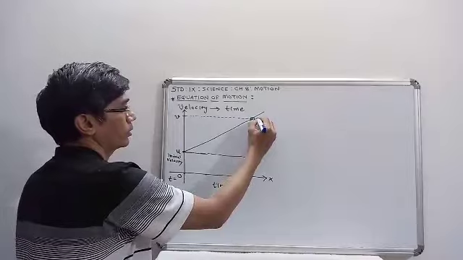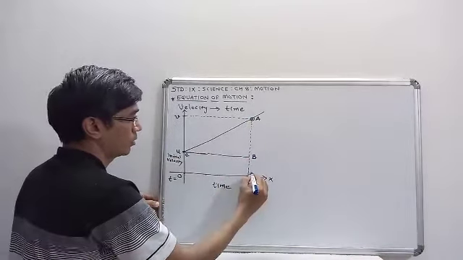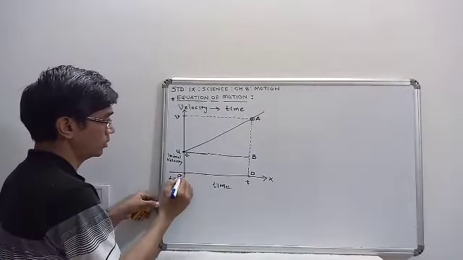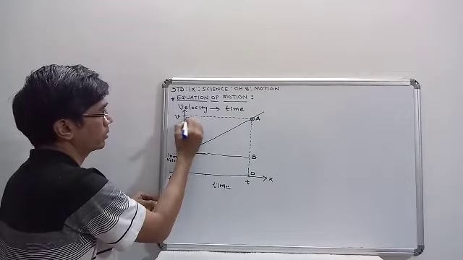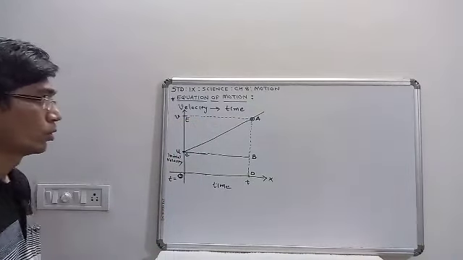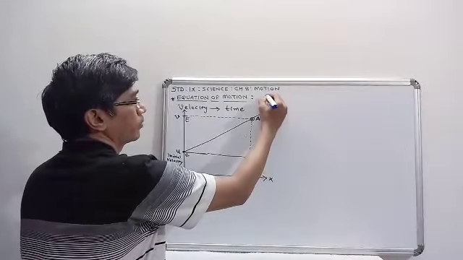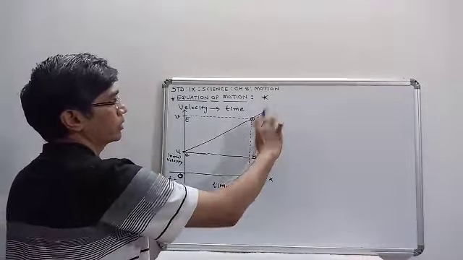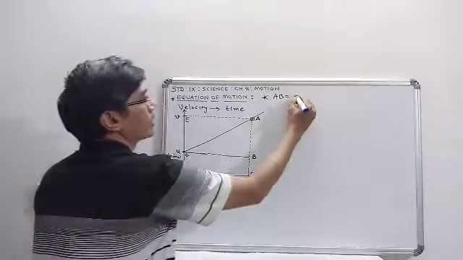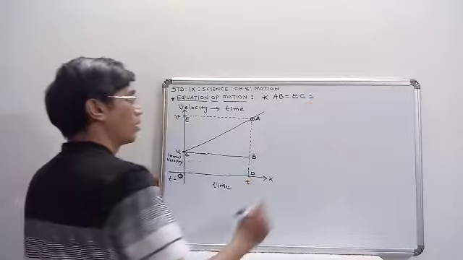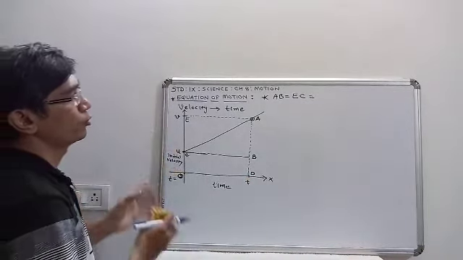Let this be A, here is B, C, D, this is O, and here is E. Now see, we are taking some notations. First of all, from the graph, AB is equal to EC, and it is v minus u.